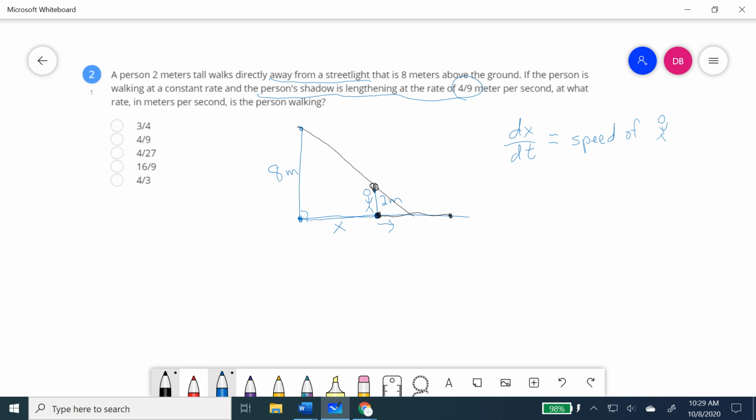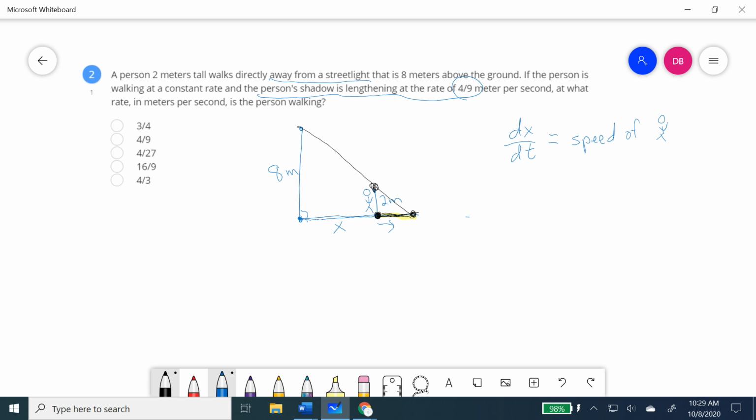I'm going to erase this because that gets confusing. So the shadow is from where the human stands to the tip of that triangle. It is asking about that shadow lengthening or telling you about it.